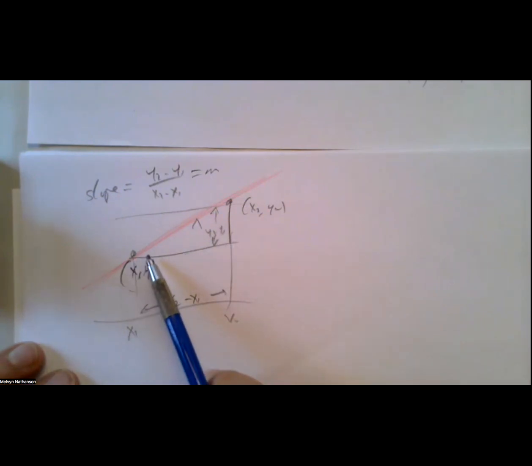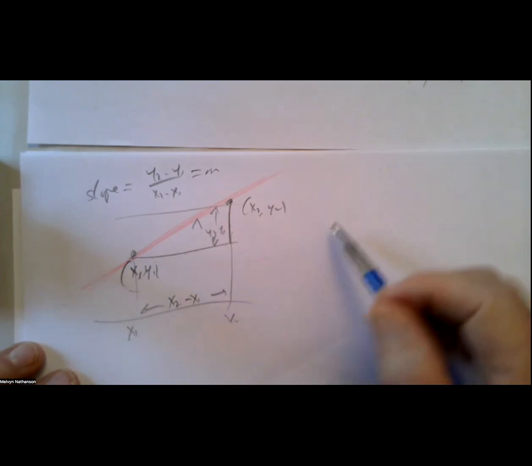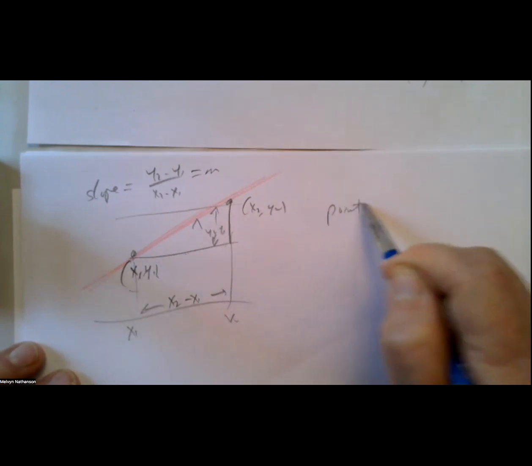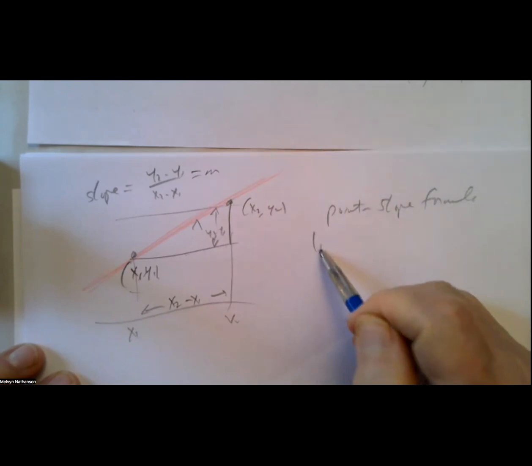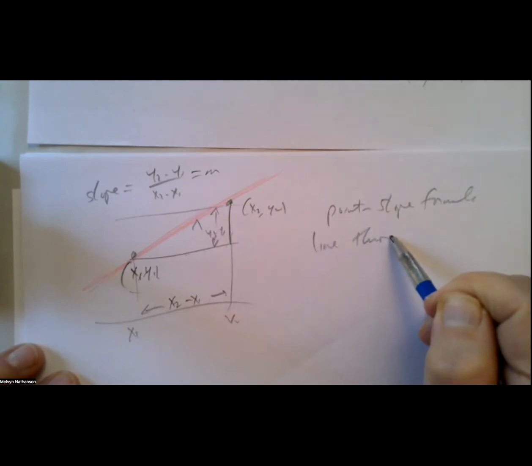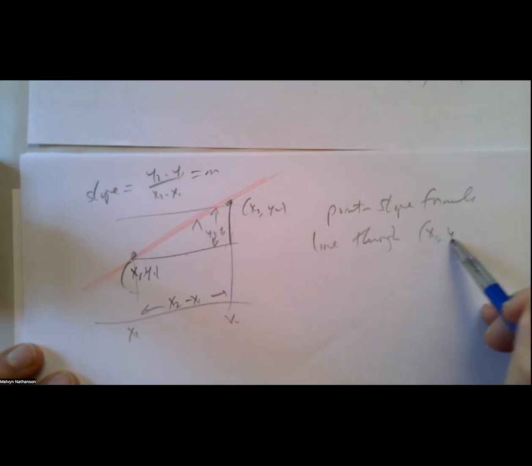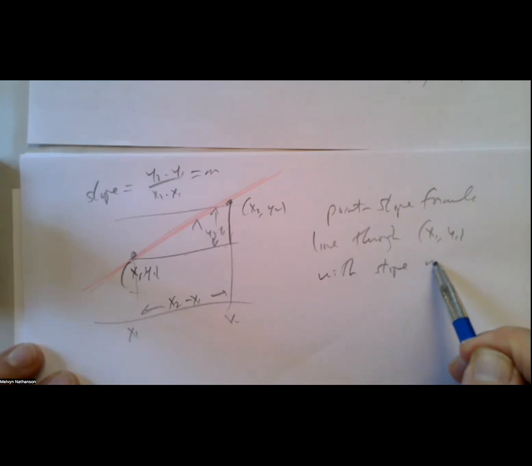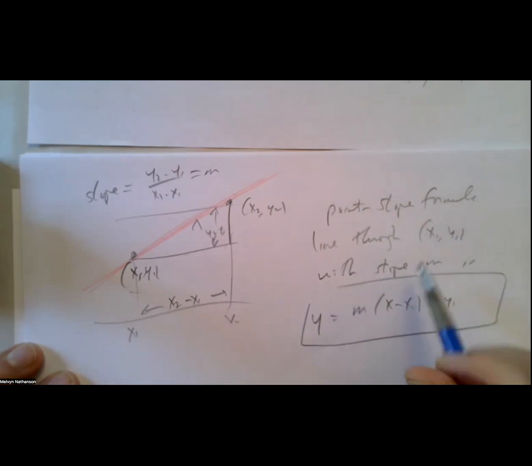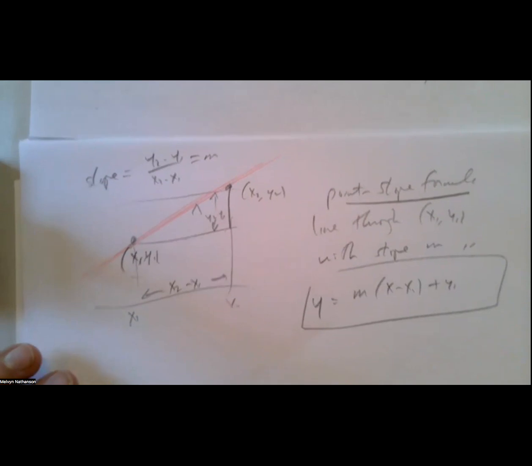So we're trying to find the equation of the line through a point with a given slope. We have the point slope formula. So the line through a point x1, y1 with slope m is y equals m times x minus x1 plus y1. That's the point slope formula.